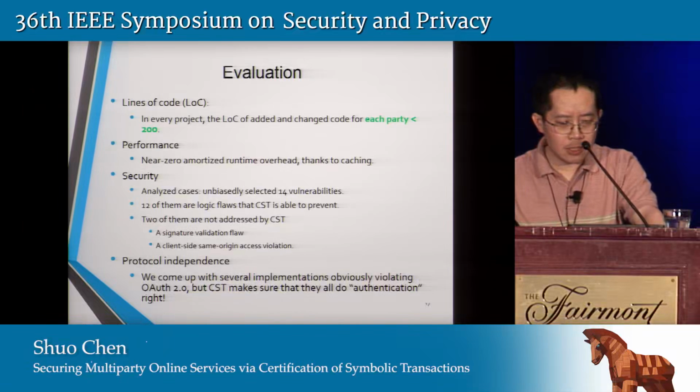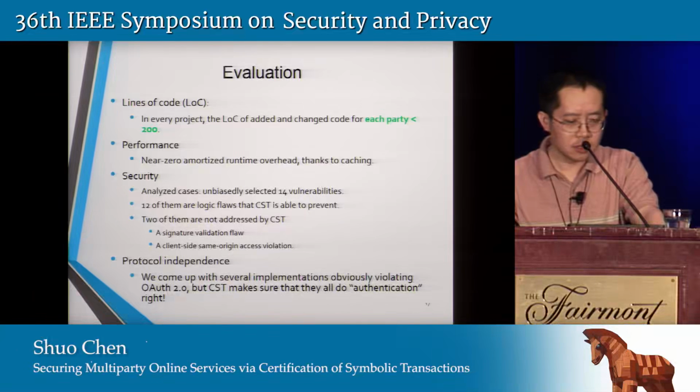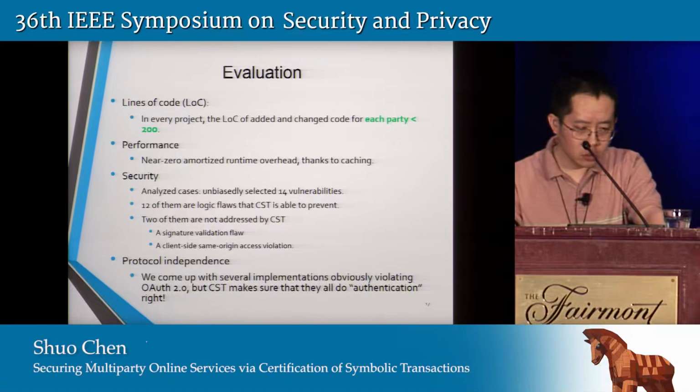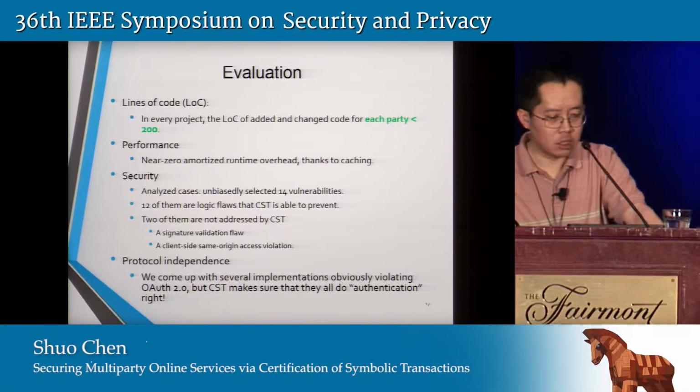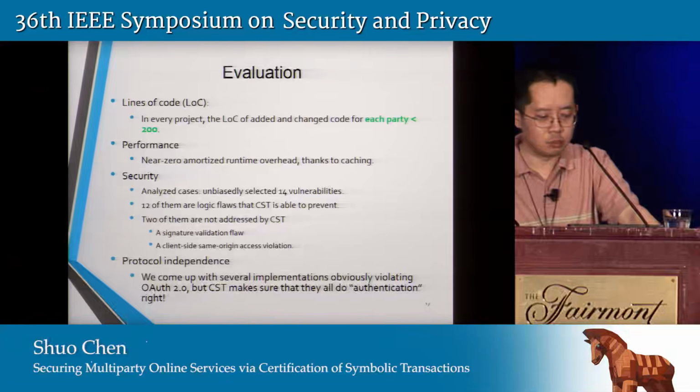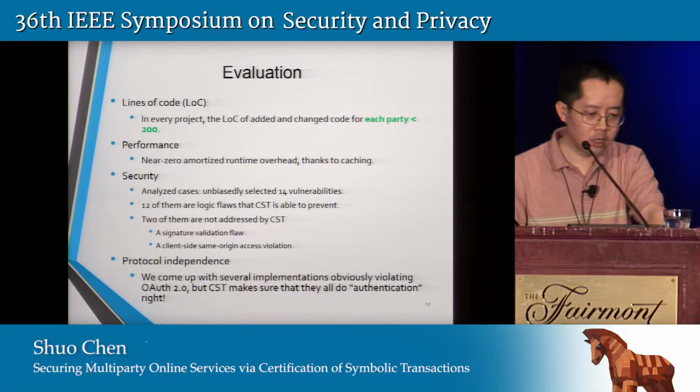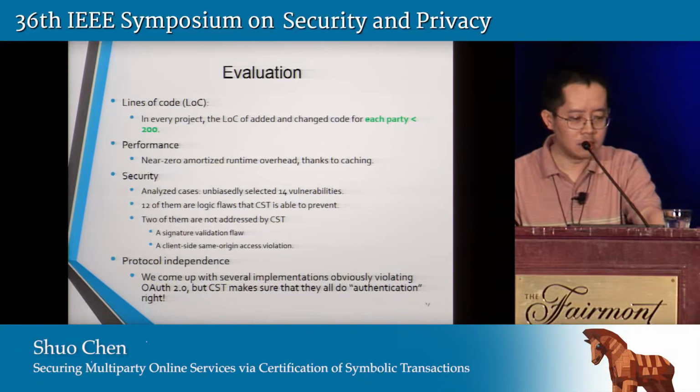And for security, we selected 14 known vulnerabilities, and we conclude that 12 of them are logic flaws that CST is able to prevent, and 2 of them are not, including a signature validation flaw and a client-side same origin access violation.